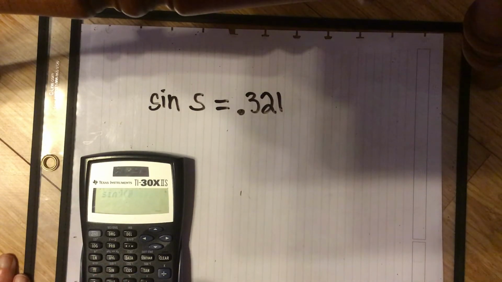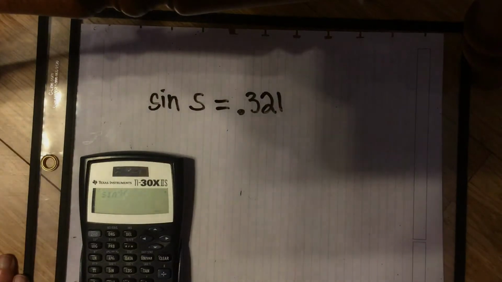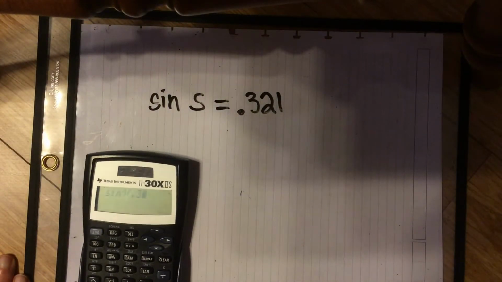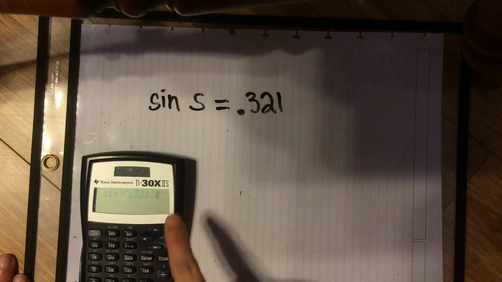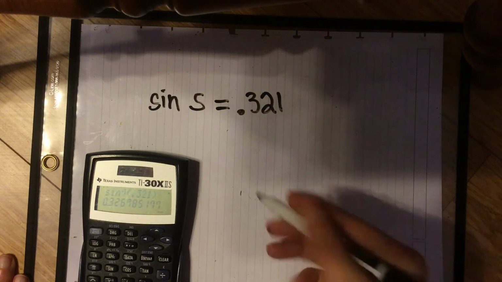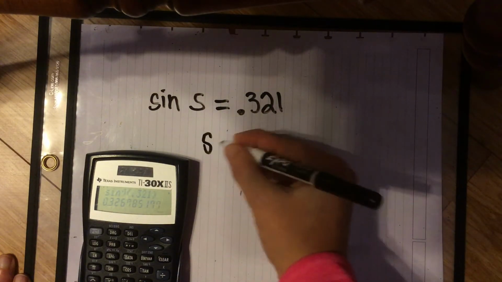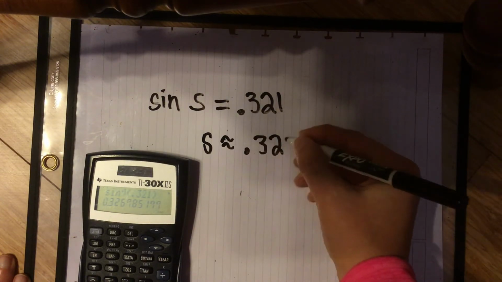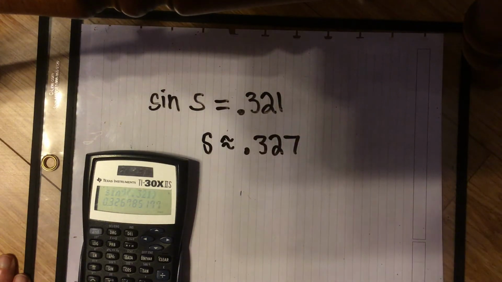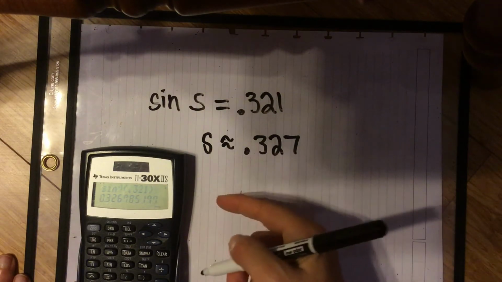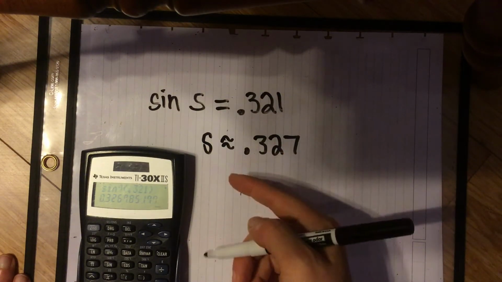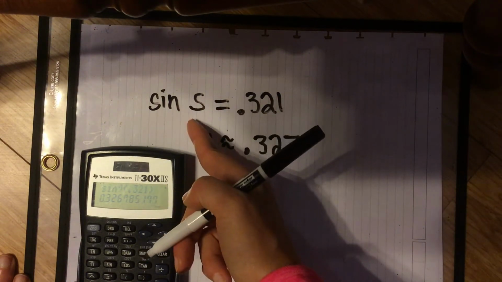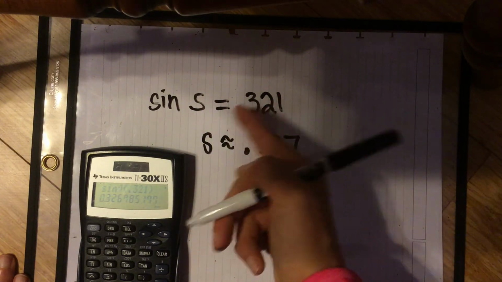So you do arc sine of your 0.321, and you'd come up with s is approximately equal to 0.327. You would also have to be a little bit careful, if you're going for cosecant, make sure that you change it back to a sine value.